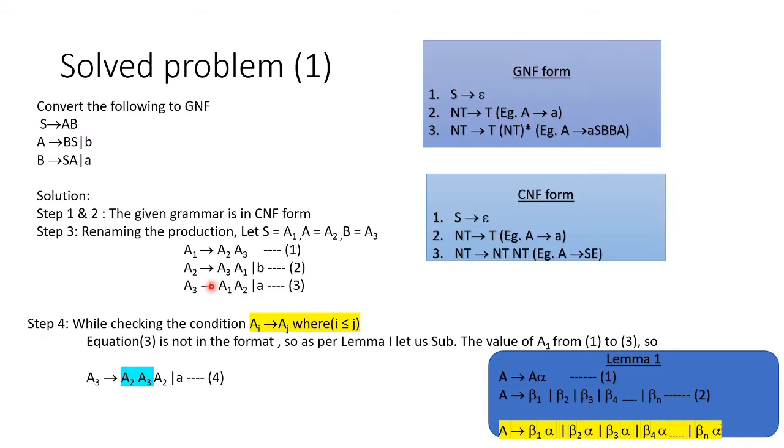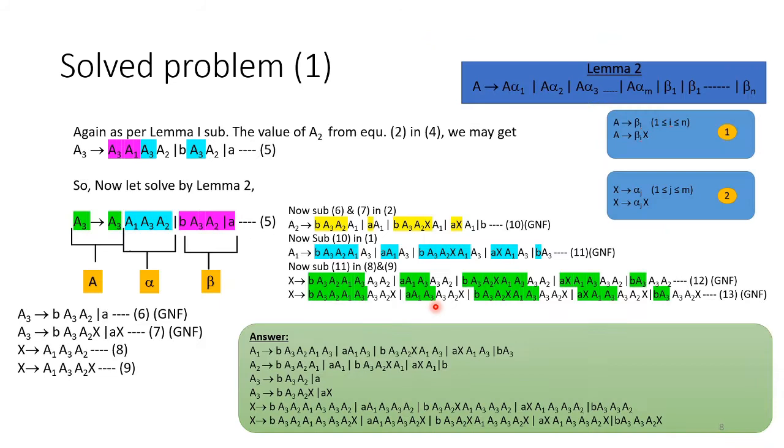So you can see that my A2 has A3 A1 or B. So A3 has the value of B, A3, A2, A1. Again A, A1. Then B, A3, A2, X, A1. Then A, X, A1. Then B. Now A2 becomes a GNF. So A3 becomes a GNF and A2 becomes a GNF.